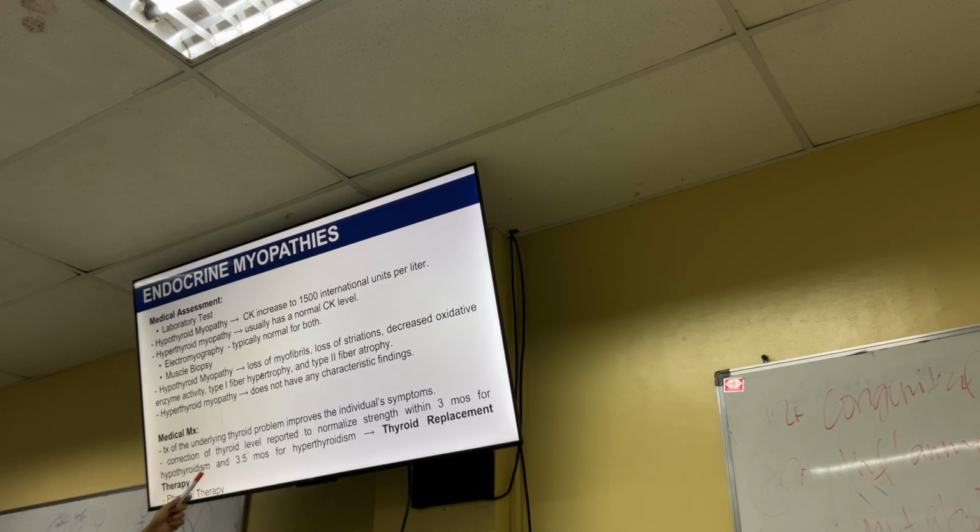Correction of thyroid level is reported to normalize strength within 3 months for hypothyroidism and within 3.5 months for hyperthyroidism, using thyroid replacement therapy. If the thyroid hormone increases, you give therapy to decrease it. If the thyroid hormone decreases, you give more supplements to increase the thyroid hormones.